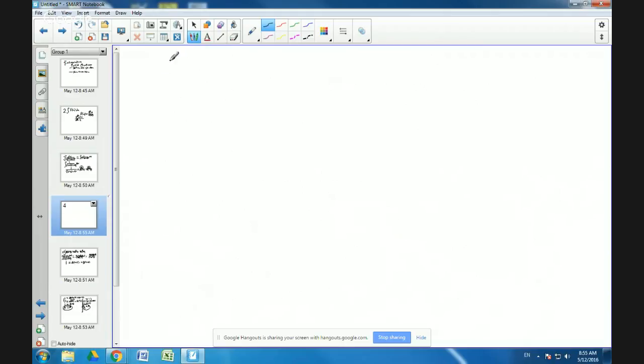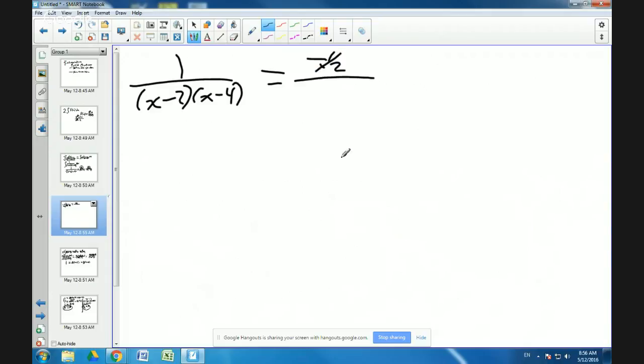So we have 1 over x minus 2 times x minus 4 equals negative 1/2 over x minus 2 plus 1/2 over x minus 4.